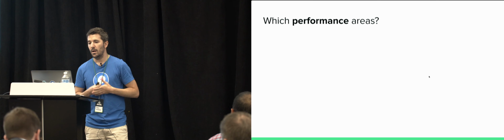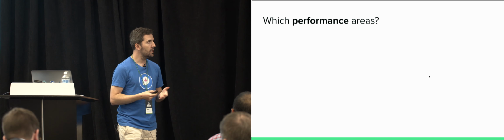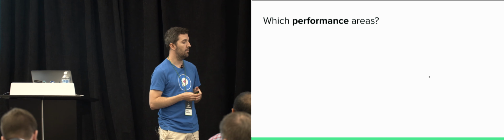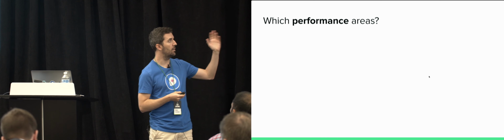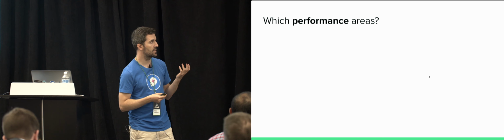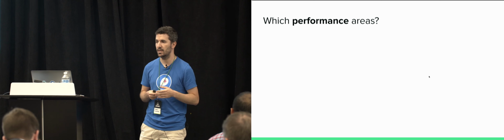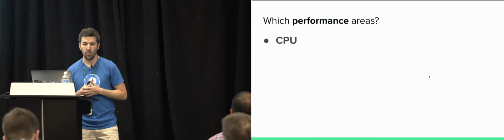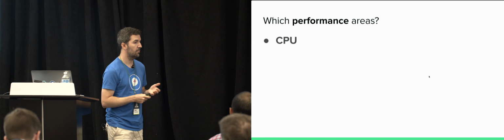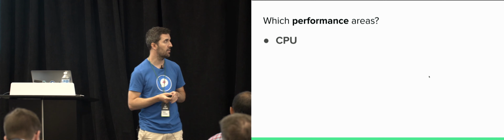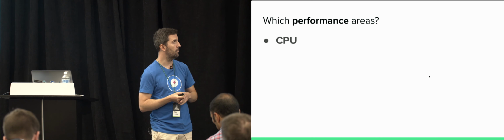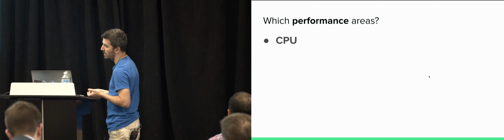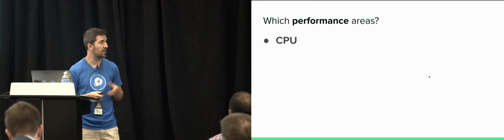When we started this exercise, we first asked ourselves which performance areas we are interested in. Of course, we are interested in how we are performing on the CPU: what percentage of the phone cores are we using?